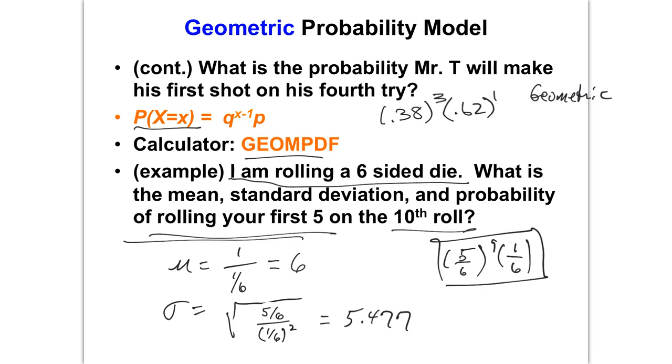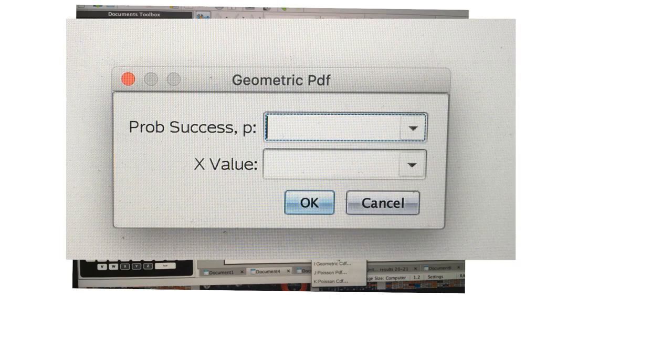Okay, let's get into the calculator a little bit. So you'll see here I've got Geom PDF, and if I do menu probability distribution Geom PDF, that's going to give you this screen that's going to pop up. In that probability, let's say we want to calculate the probability that our first success is on our 10th trial.